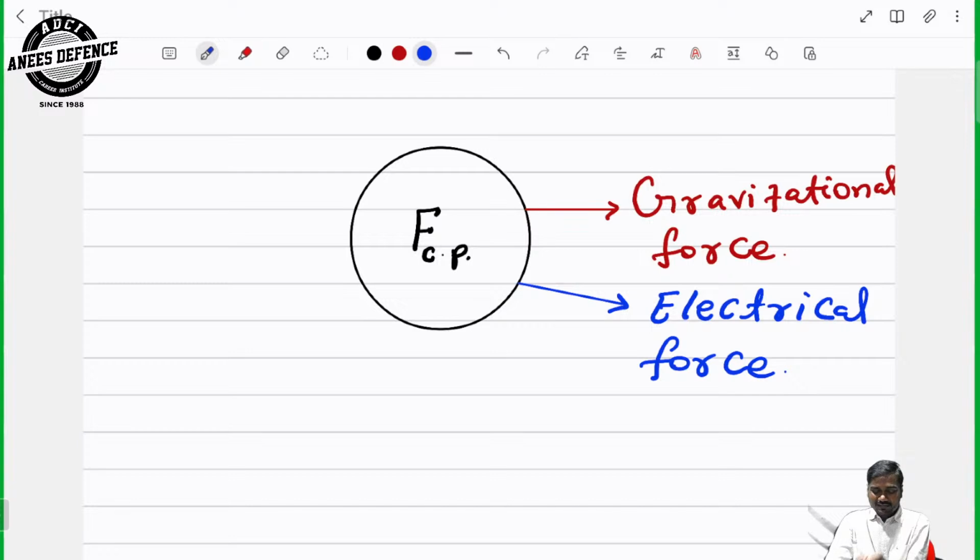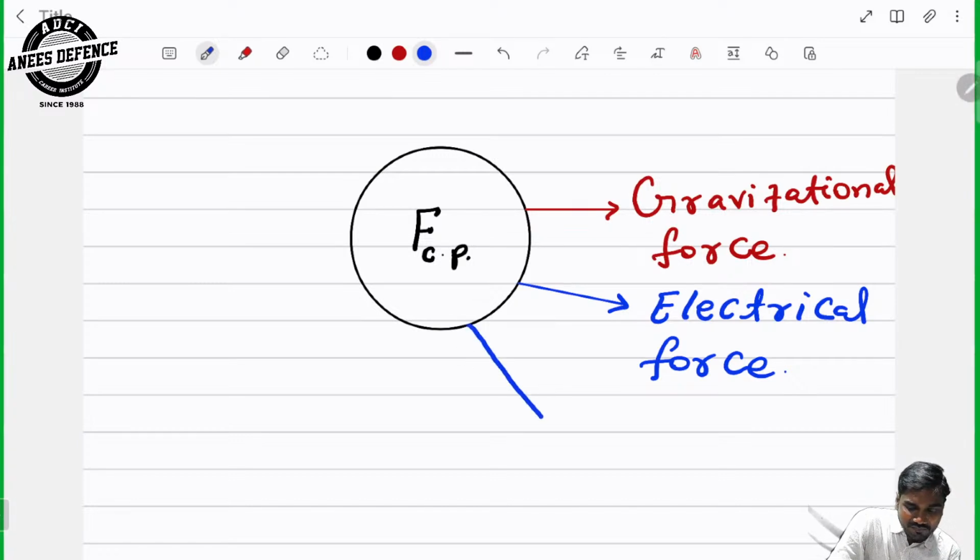At the center there are positive charges and the electron has negative charge, so the nucleus attracts the electron. There is electrical force, because two charges are separated at a distance. Understood? Yes, sir. So electrical force. Okay. Next one.